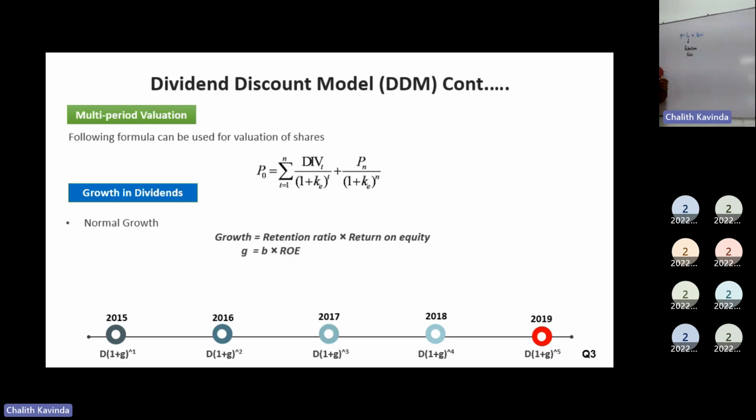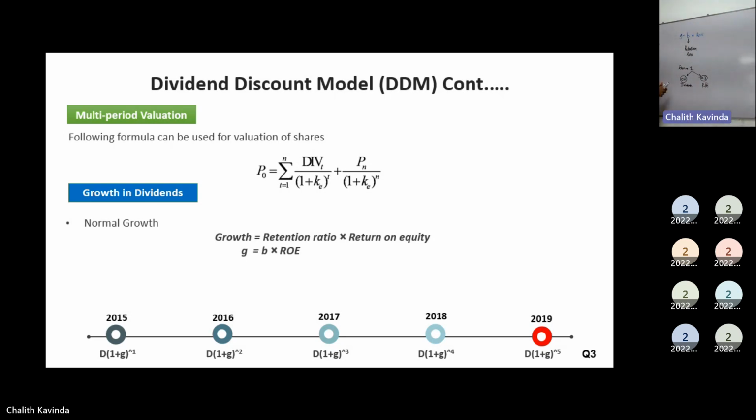ROE means return on equity. Retention ratio means what? For example, let's assume you earn 1 rupee and you pay 70% as dividends, and the remaining 30% you keep with you. We call it retained earnings or reserves.